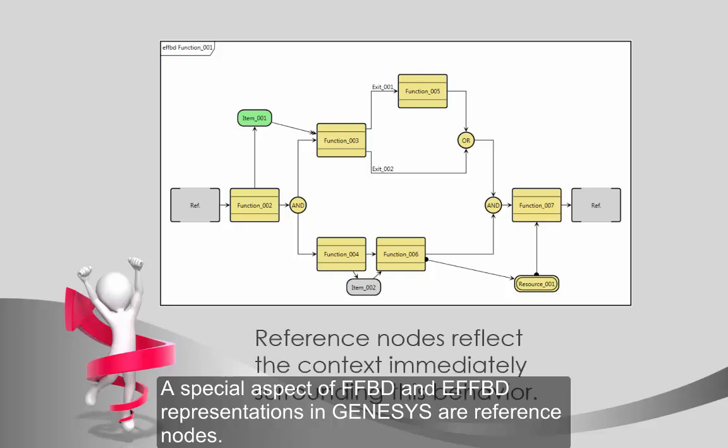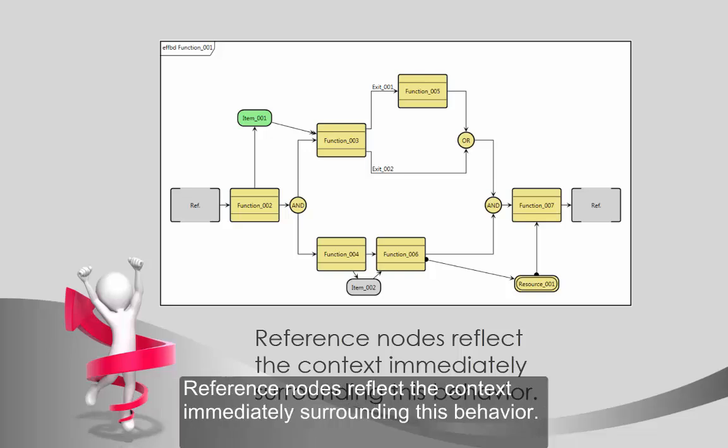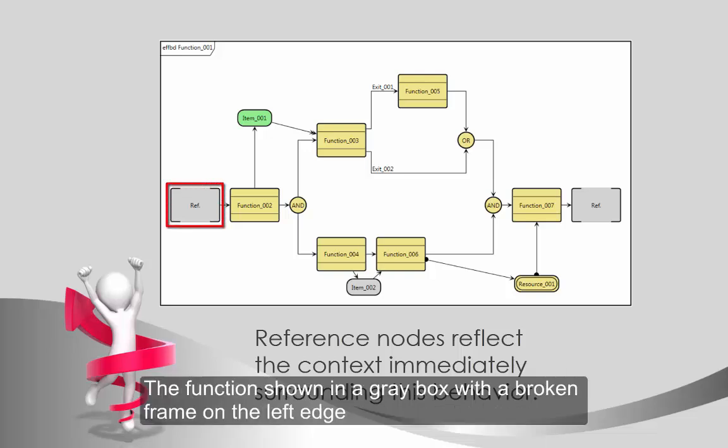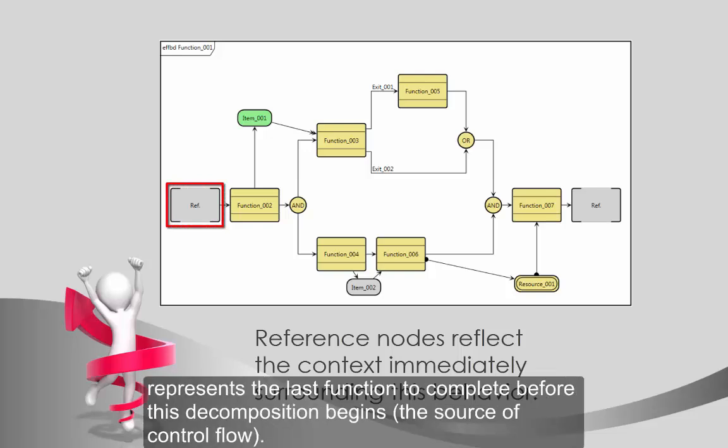A special aspect of FFBD and EFFBD representations in GENESYS are reference nodes. Reference nodes reflect the context immediately surrounding this behavior. The function shown in a gray box with a broken frame on the left edge represents the last function to complete before this decomposition begins, the source of control flow.